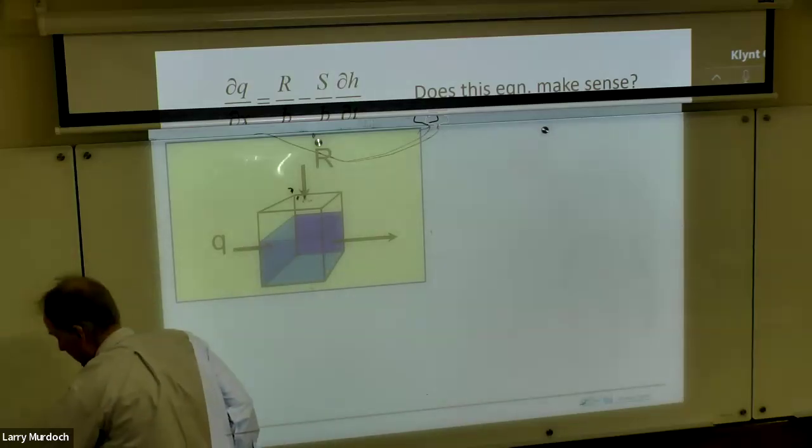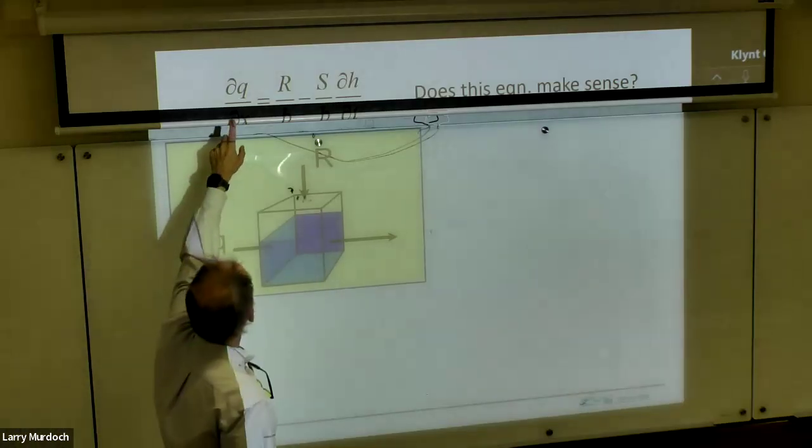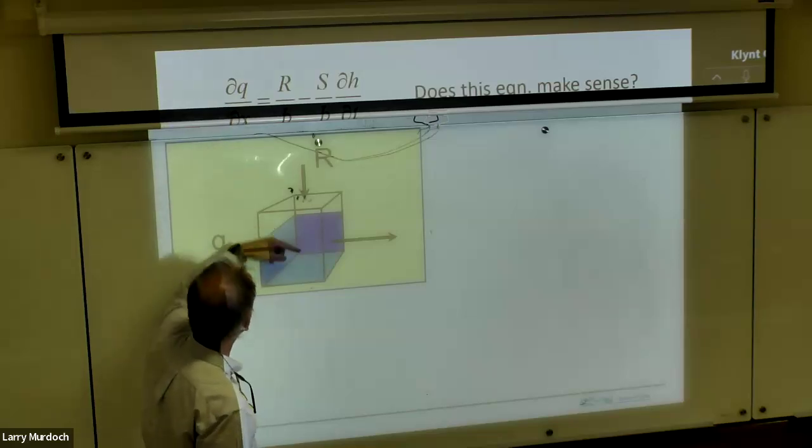When people see this for the first time, it may be a bit cryptic. So I asked the question, does this equation make sense? Does it make sense? Here's a way to think about it. This is how the flux changes with distance.